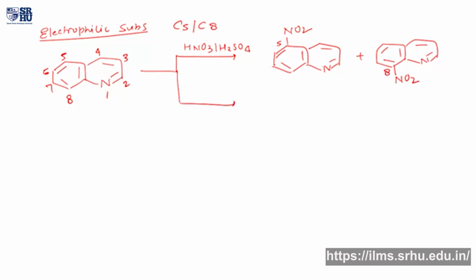A similar thing happens with bromine. Bromine in the presence of AlCl3 reacts at position number 5 or 8 to give bromo-substituted quinoline.